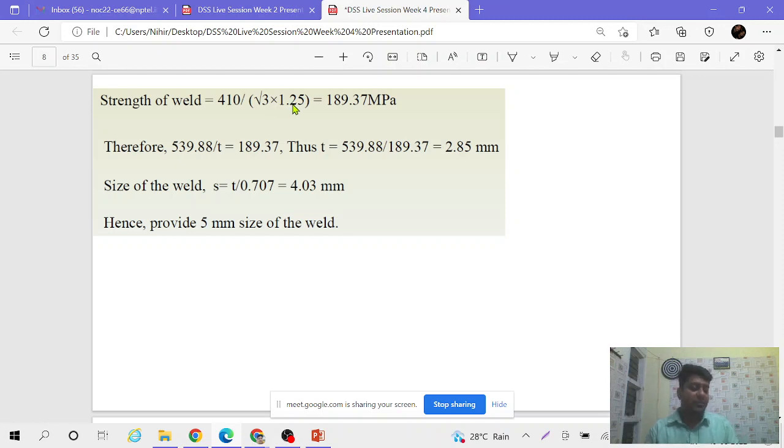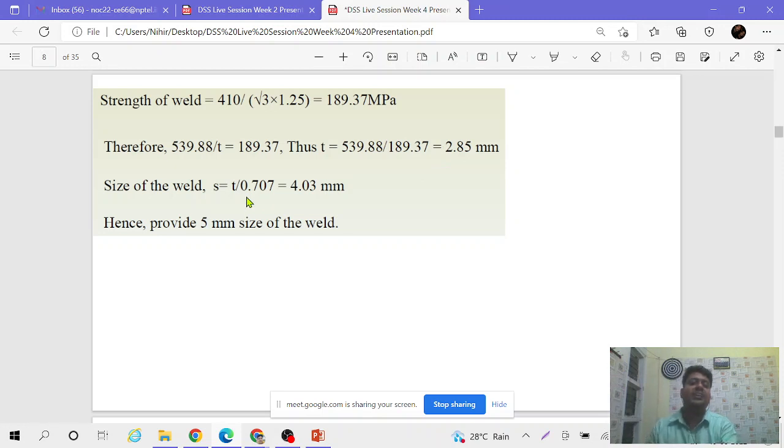For groove weld, later we will see that. So the strength of the weld is 189.37 megapascal. Therefore we equate all these terms, 539.88 upon T, and we get T equal to 2.85 mm.